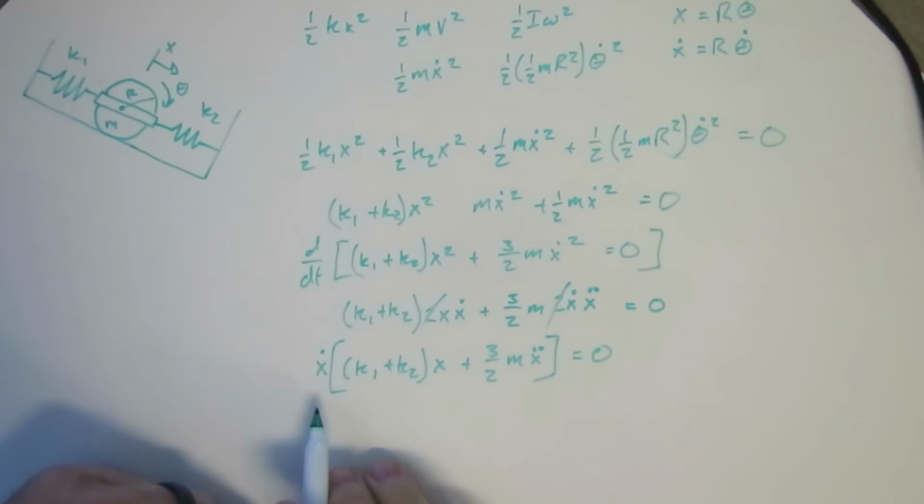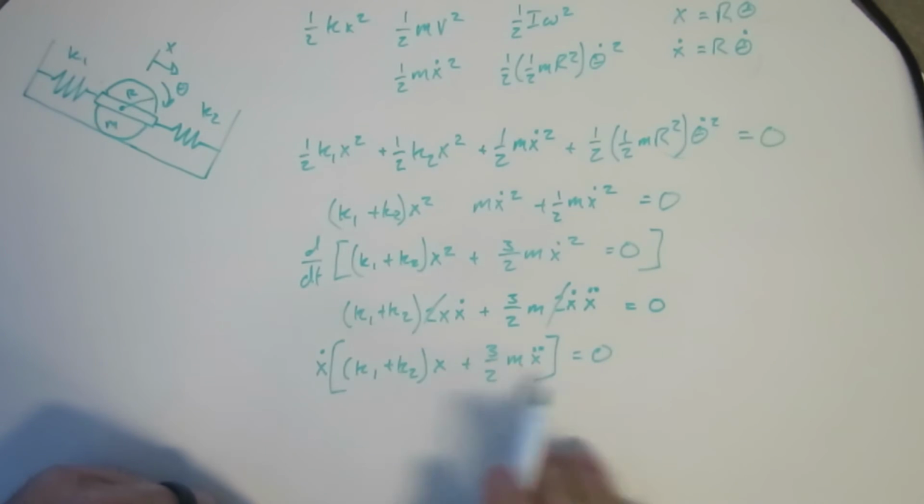So there's two solutions here. One solution is the trivial solution, which is x dot equals 0. Static at rest, 0 energy equals 0. That's the trivial solution.